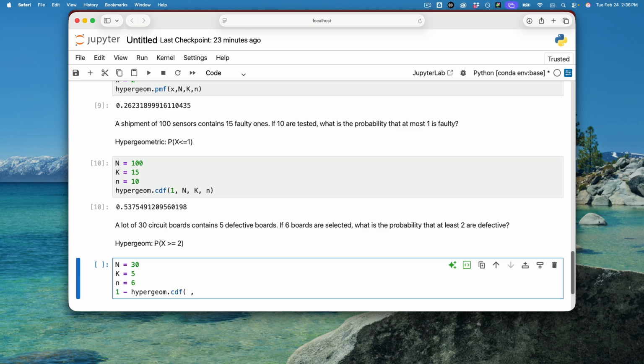I'm going to leave the x open for you to think about it. What should be the value here? We want the area to the right of 2, including 2. So we take 1 minus the area to the left of 2, which includes 0 and 1. That would be 1 minus CDF at 1.